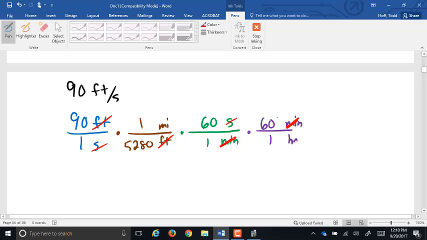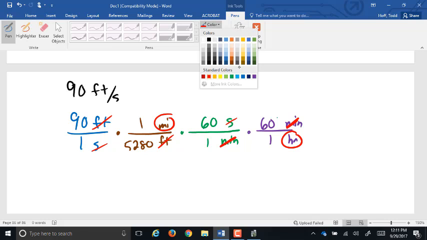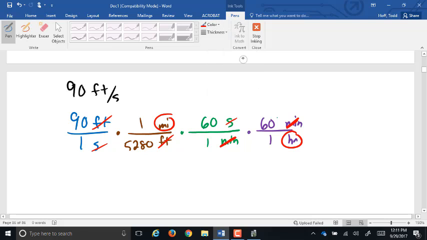And notice right now what I have. The only unit that's left on top is miles. The only unit that's left on bottom is hours. So on top, I multiply out 90 times 1 times 60 times 60 is what? 324,000, I believe, miles.